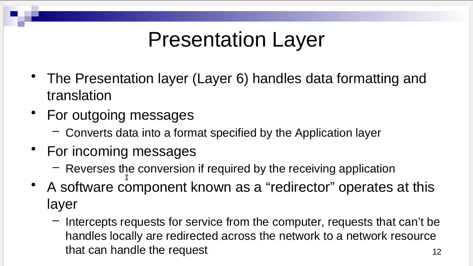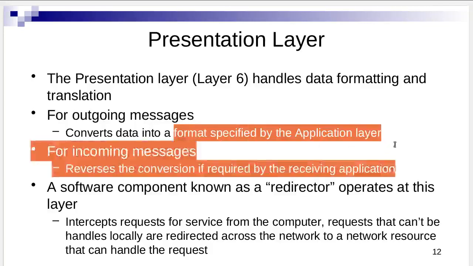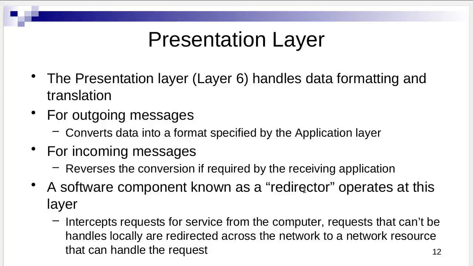Incoming messages, it's the opposite: you're getting things from the session layer and you pass that up to the application layer, depending on how the application layer expects the format to be.